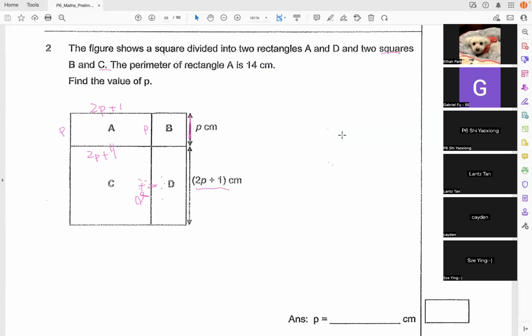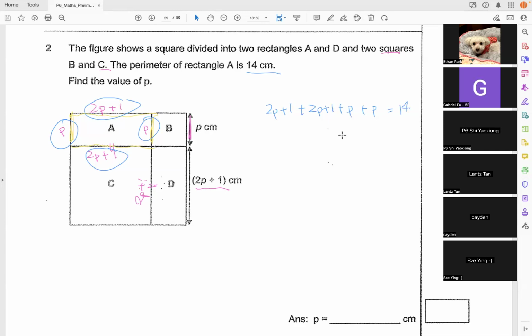Okay. Now, the question is, find the value of P. And given the perimeter of rectangle A is 14. So meaning we are talking about this plus this plus this plus this is equal to 14. Okay, so let's do it. So 2P plus 1, which is one side of rectangle A, plus the other one, 2P plus 1, plus P plus another P. This will give you 14 centimeter, all right?